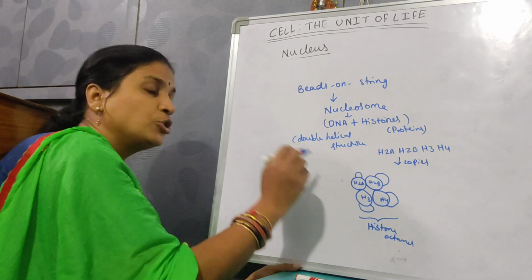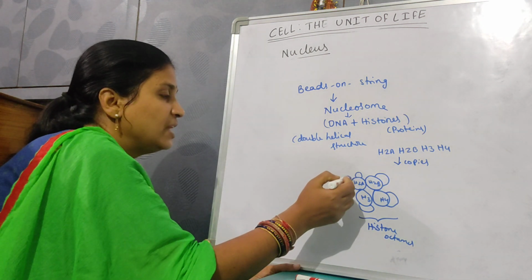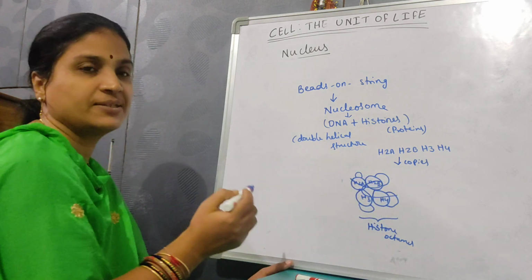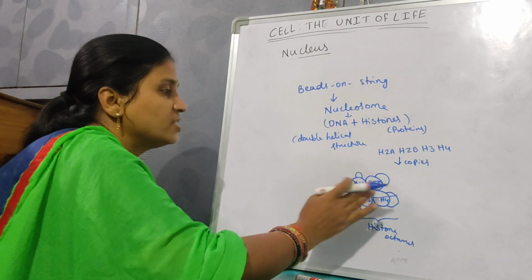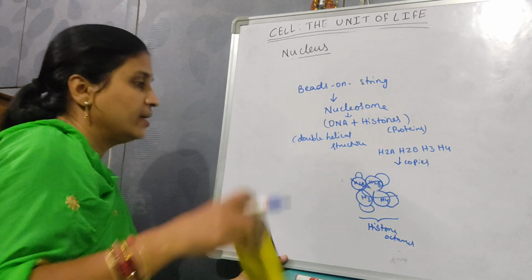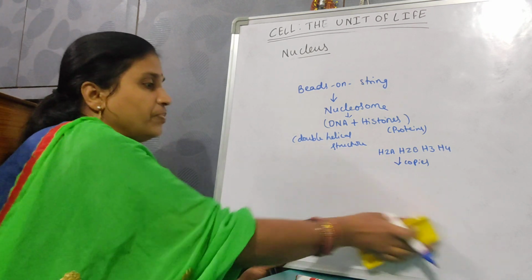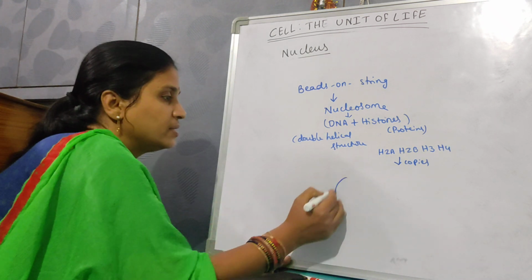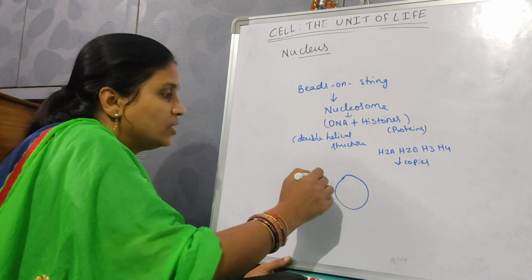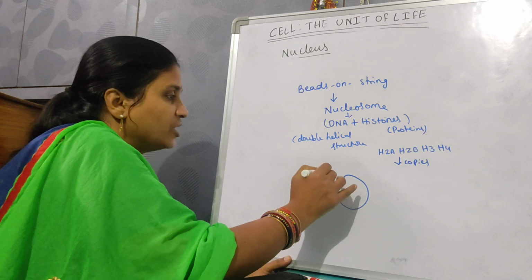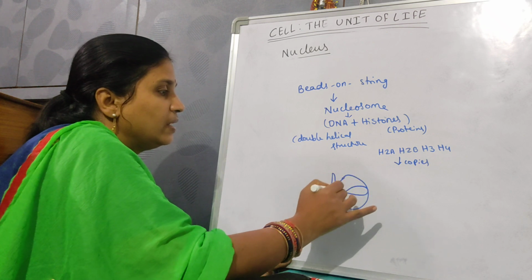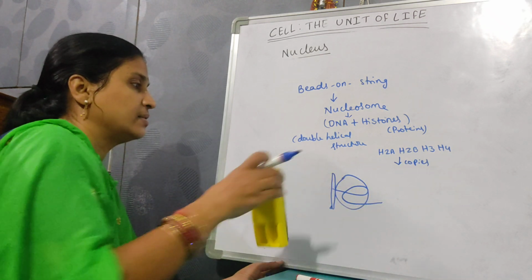And to this histone octamer, the double helical structure, the DNA, is coiled twice like this. Two turns it makes a coil. Otherwise you can draw it like this also. This is the histone octamer, and this is the H1.